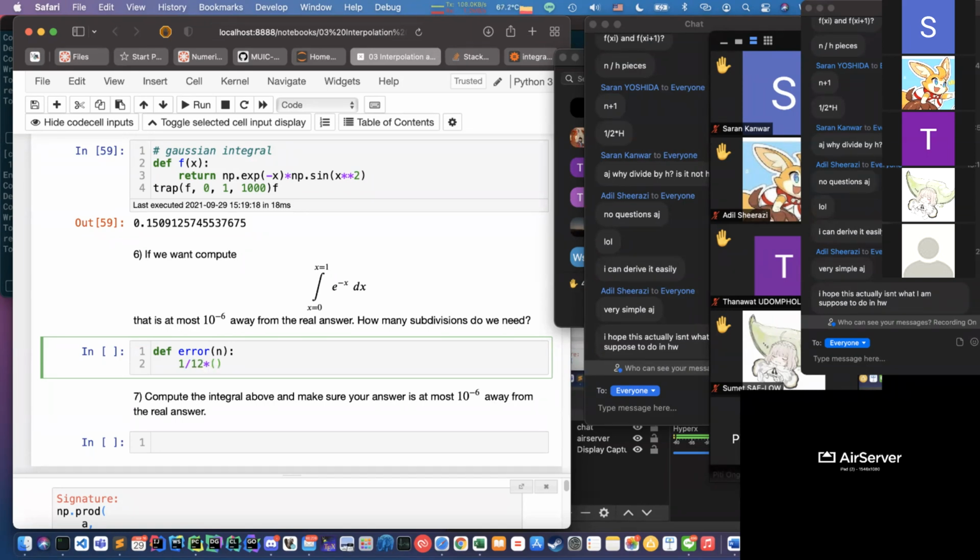Multiply by 1 minus 0, so that's 1 cube, divided by n squared, multiplied by f double prime. For f double prime, e to the minus x is e to the minus x, and you can differentiate it all you want. It's just going to be e to the minus x, and the largest value is 1, at x equals 0.